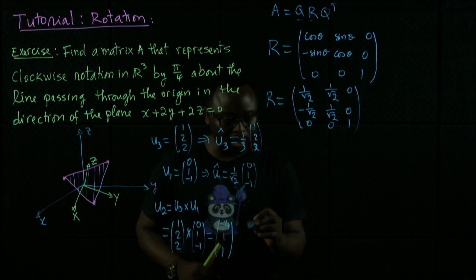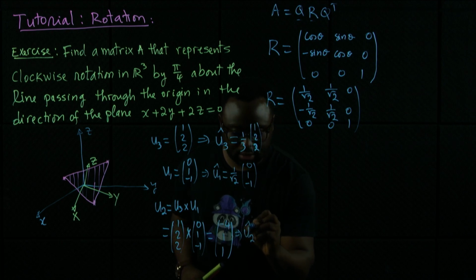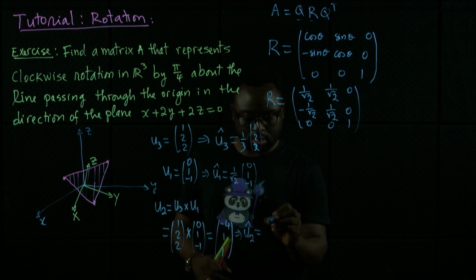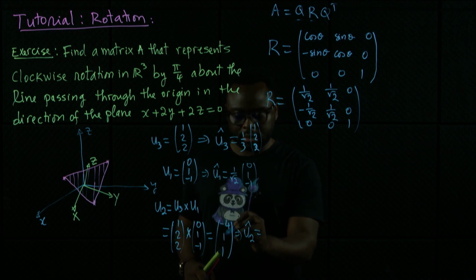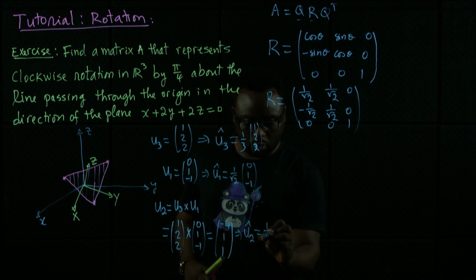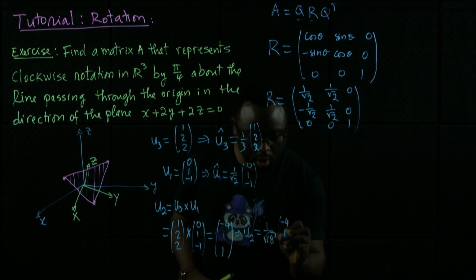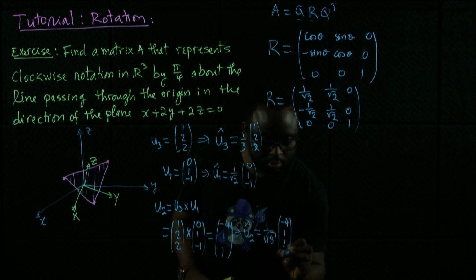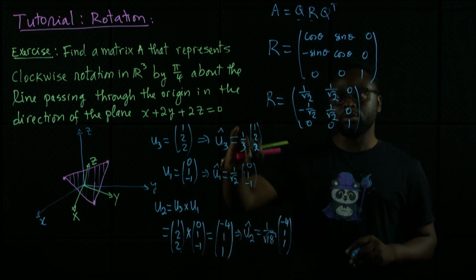And for the last one, u2 hat: 4 squared is 16, plus 1, 17, plus 1, 18. So u2 hat is 1 over square root of 18 times minus 4, 1, 1. All right, we have u1, u2, and u3.